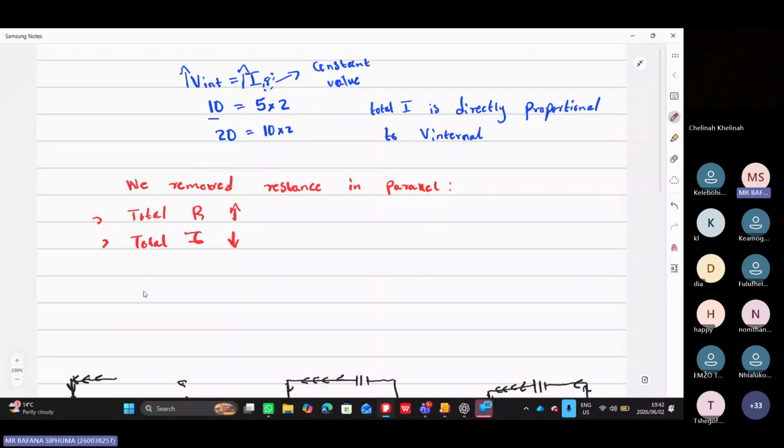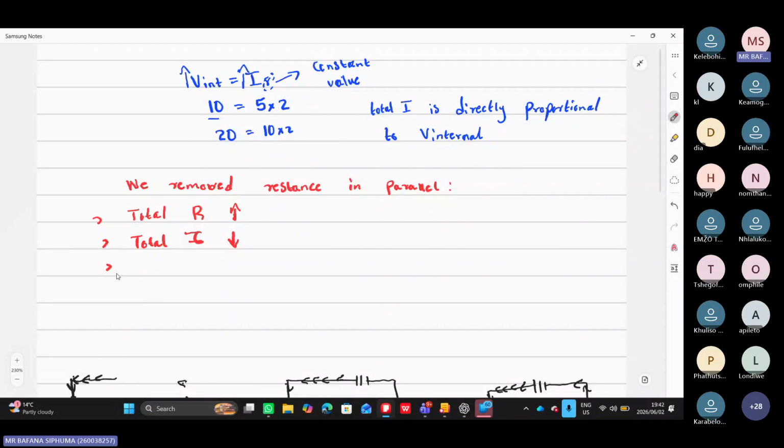Then what did we say about the relationship between resistance and the voltage? We said they are directly proportional to each other, which means my total voltage. And this time around, don't say V.